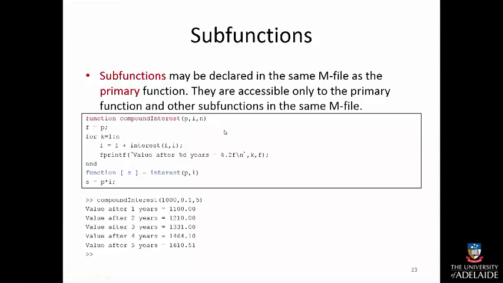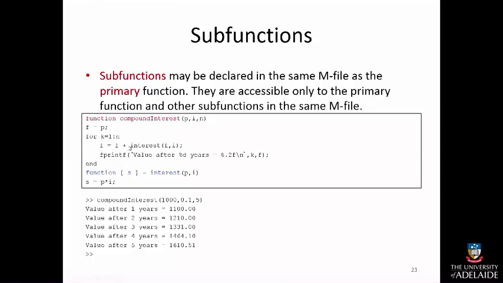For instance, in this example, the primary function is your compound interest, which has 3 arguments. And then there is another function which is called interest. And this function is being used by your primary function over here.